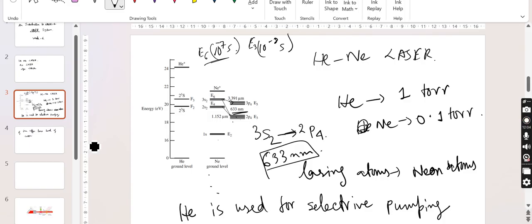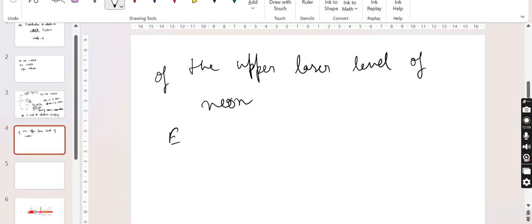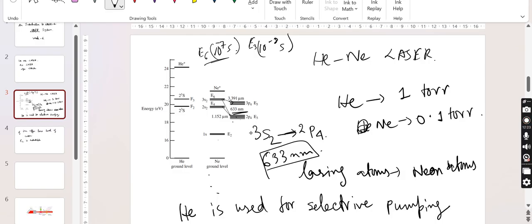That E2 level is a metastable level. It tends to collect atoms. The atoms from this level relax back to the ground level mainly through collision with the walls. So they first come here. This is a metastable level.